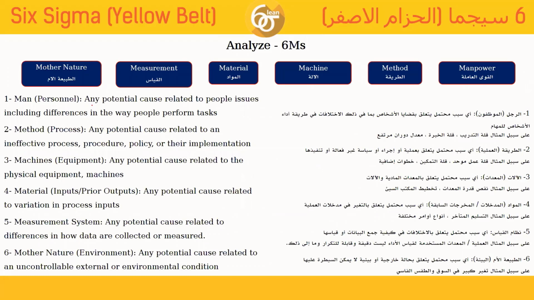The manpower is the personnel. What we mean by manpower is the personnel or the employee. Potential causes related to people issues, including different ways of people performing the task. So, for example, say you have a shipment you want to deliver. The stages of delivering the shipment go from level to level.